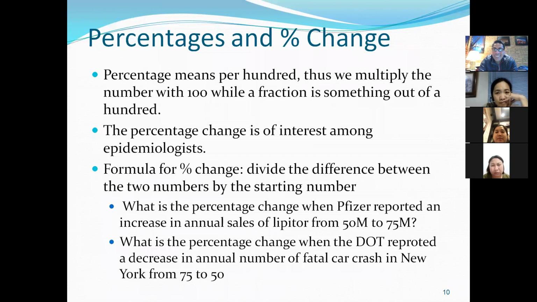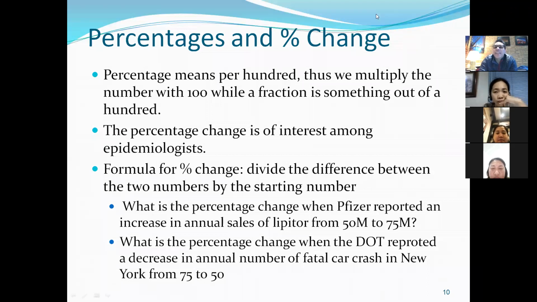And what does that mean? You still have to multiply that by 100 because we're talking about percentage, right? So that means that there is a 50% increase. So it has to be reported as 50%.